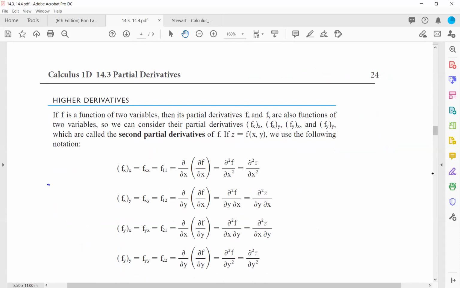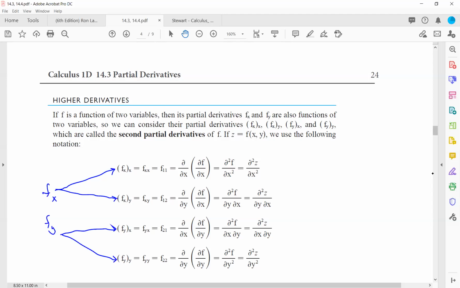Remember that here you have the partial derivative of f with respect to x and with respect to y. So you are taking the second derivative of the function with respect to x, and the second derivative with respect to y.